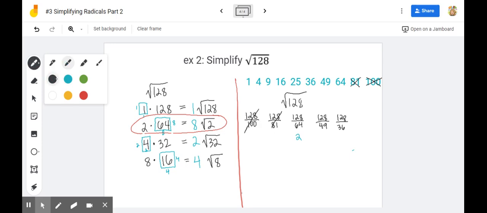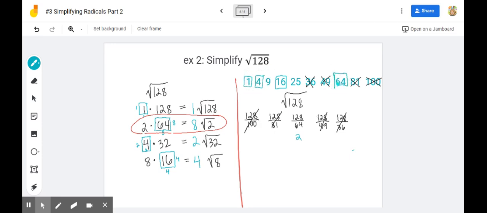Now you could keep going and do 128 divided by 49. That doesn't work. If I do 128 divided by 36, it doesn't work. And you can keep working your way back down and see that 16 would work, so would 4, so would 1. But 64 is the biggest that goes in nicely.